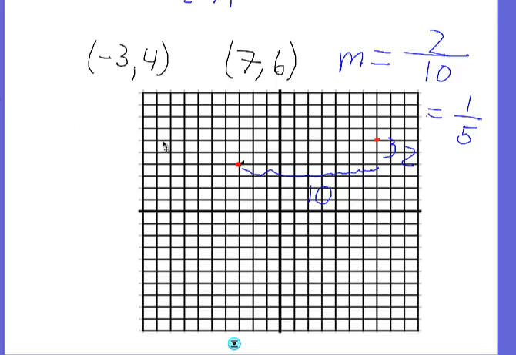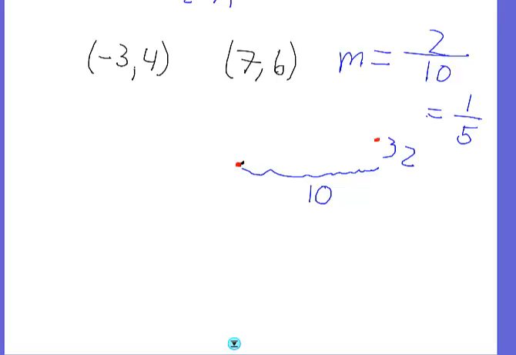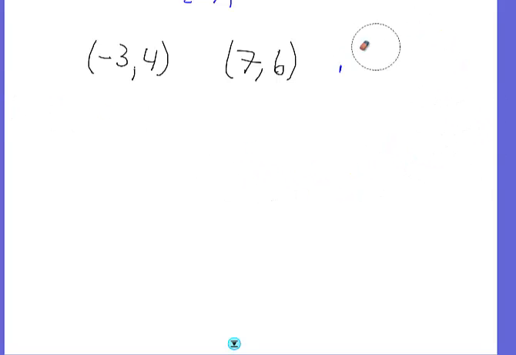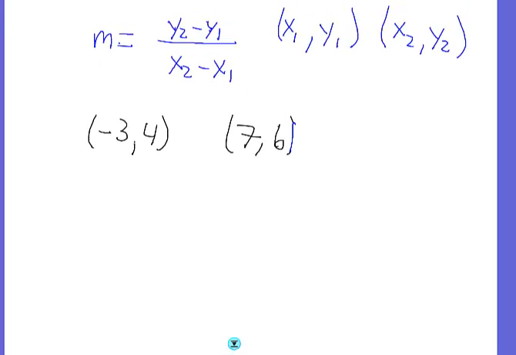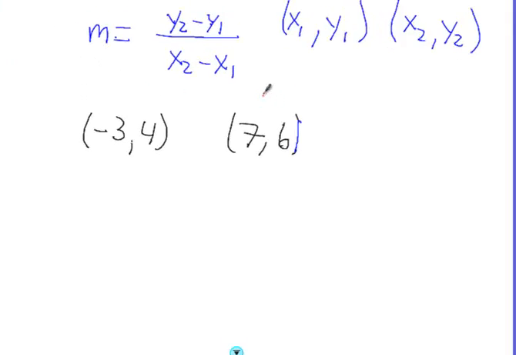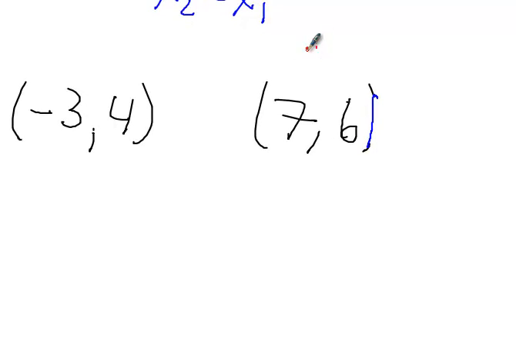The next thing we can do is an algebraic way of finding the slope, which is the equation we had up top. So let's scroll back up. All right, so we're going to have x2, let's say this is coordinate number 2, and this could be number 1.